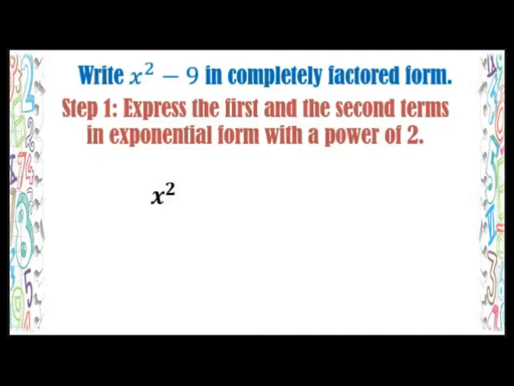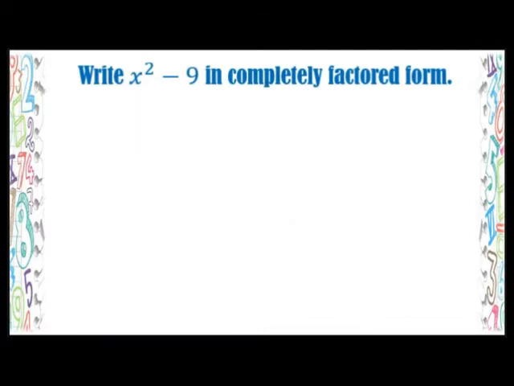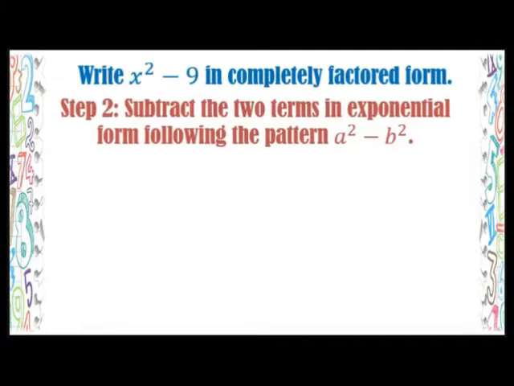So we have x squared, that is x times x, or the square of x. For 9, we have 3 times 3, or the square of 3. Second step, subtract the two terms in exponential form following the pattern a squared minus b squared.